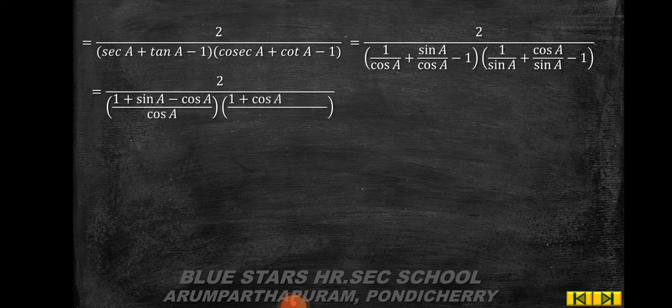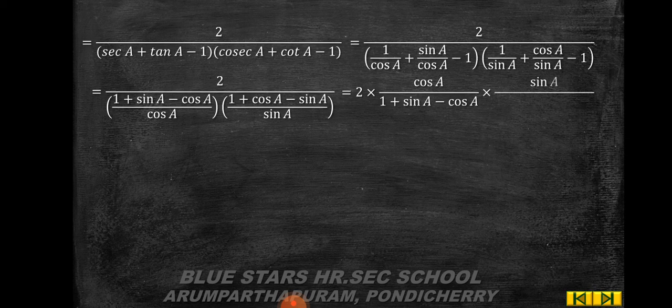So in the denominator you see cos A is the denominator for the first term. So 1 plus sin A minus cos A divided by cos A, and for the second term sin A is the denominator. So 1 plus cos A minus sin A divided by sin A, which is equal to 2 into cos A divided by 1 plus sin A minus cos A into sin A divided by 1 plus cos A minus sin A. We are just taking the reciprocal.